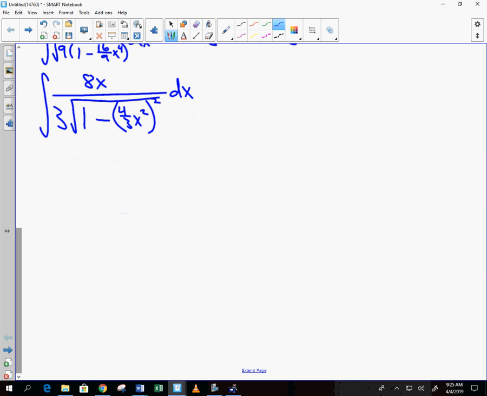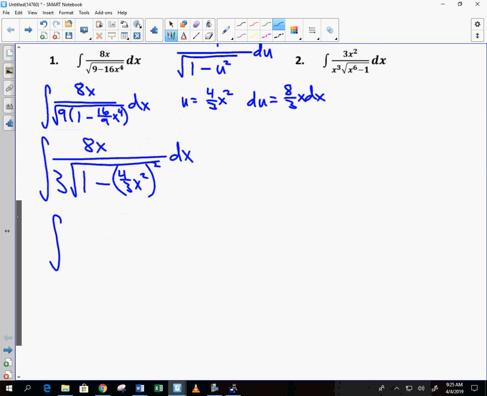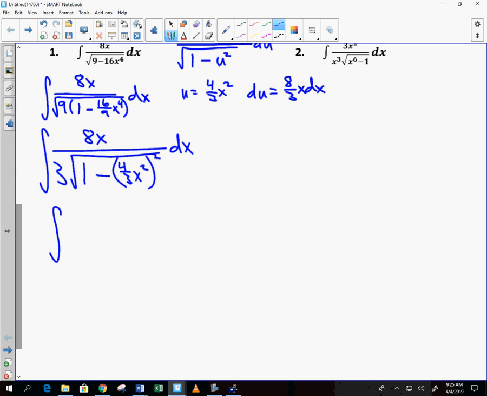So therefore, we have the integral. I'm going to put down du. When I write down du, what goes away?